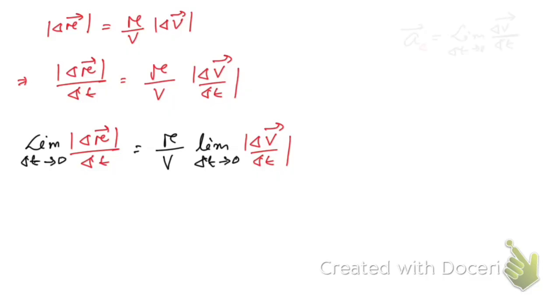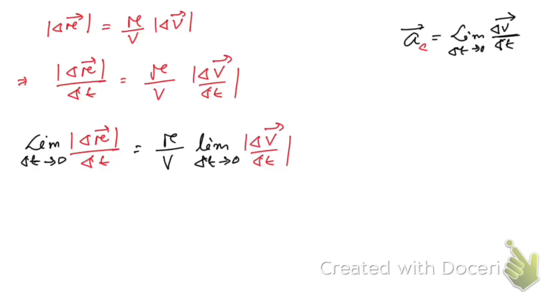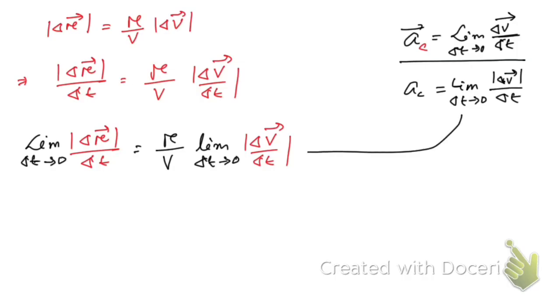Now let me go back to the previous slide. From this equation number 1, we have got that centripetal acceleration is this. If you take the magnitude only, AC is equal to limit del t tends to 0 of the mod of del V vector by del t, which is nothing but this part.